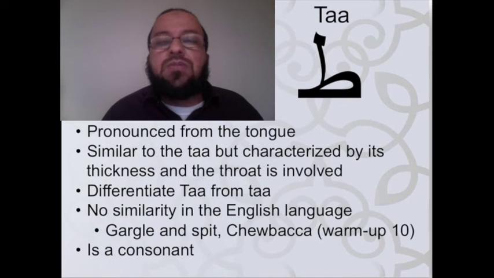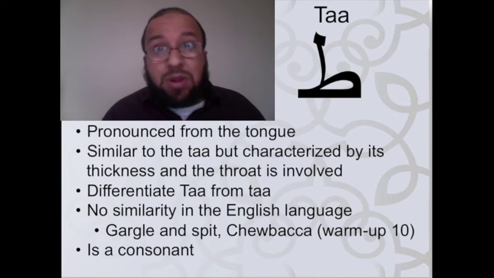So it's ba, ta, ba, ta, ba, ta, ba, ta. So again, the first one is ba, the letter we're looking at, and the next one is the letter ta. Now another instance of this is the smile and pout warm-up.